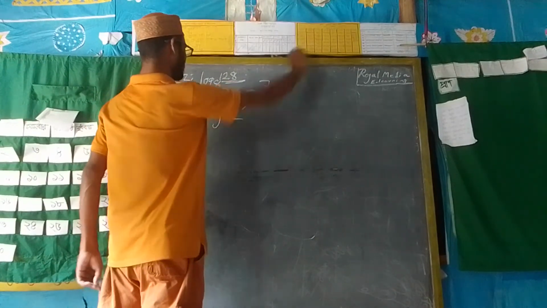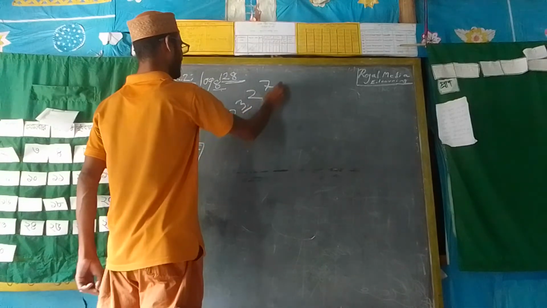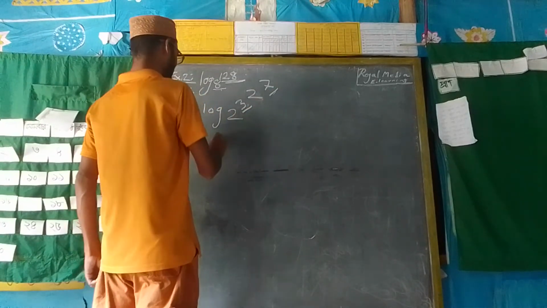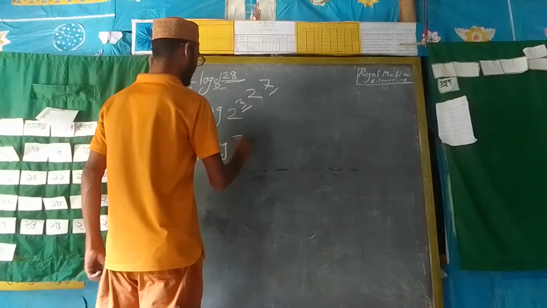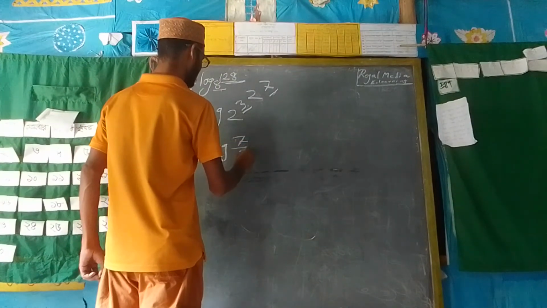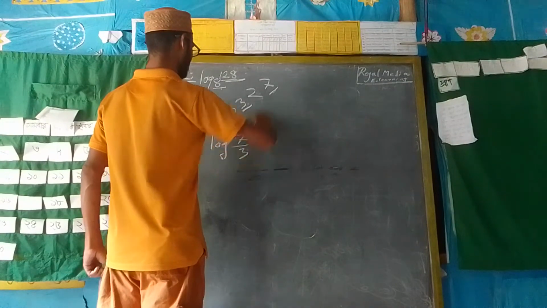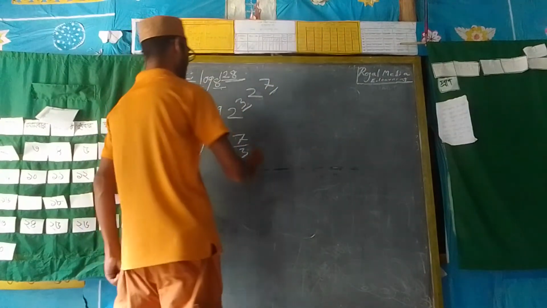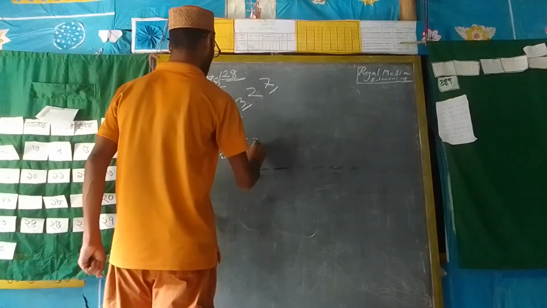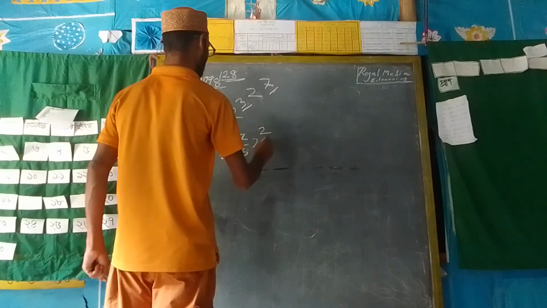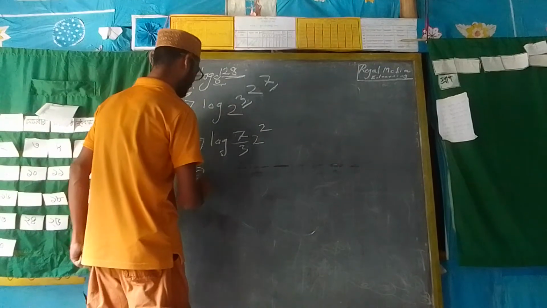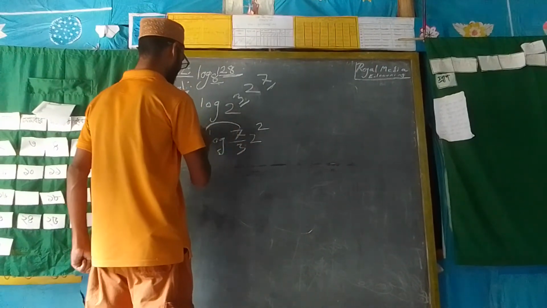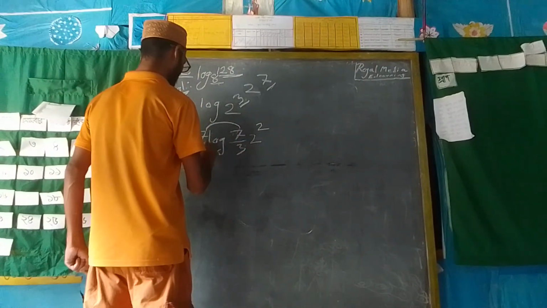Now we know the bases and powers are similar together. Then log 7 by 3 into 2 power 2, or 2 power 2 into 7 by 3. We may write this 7 by 3 in the first position.